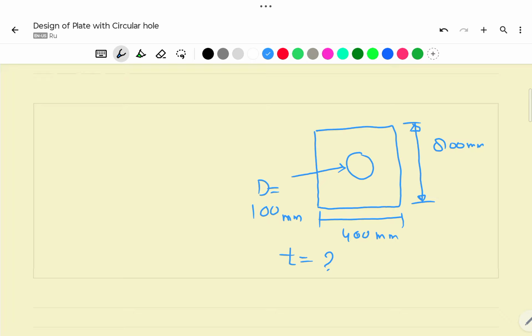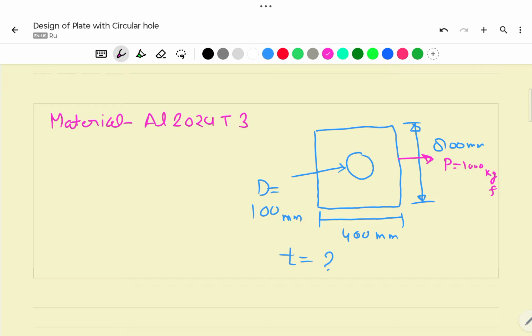Another thing, there is an axial load P equal to 1000 kgf. The 1000 kgf load is given, and the material we are taking is aluminium 2024-T3. So in my case, strength is given.